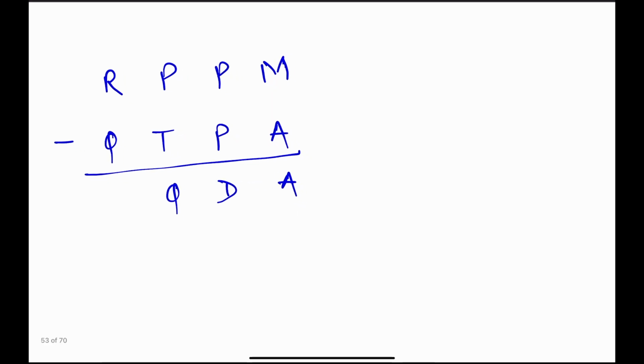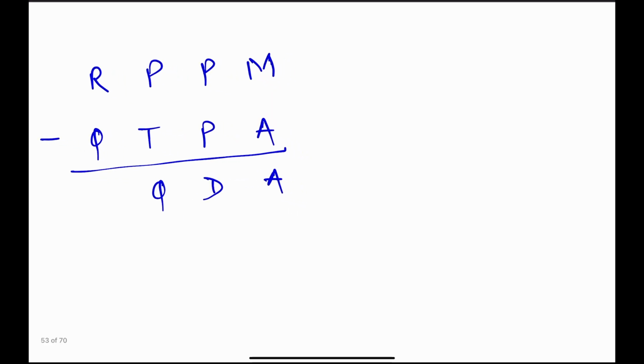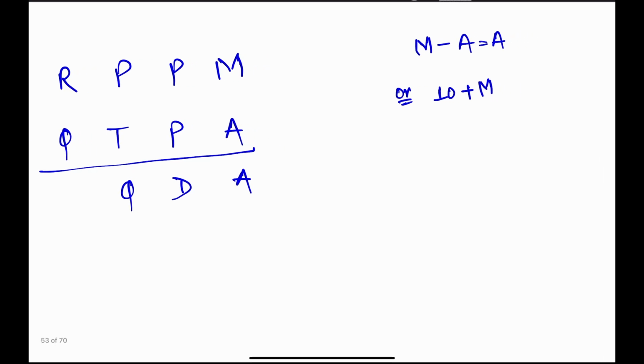If I look at this one, what could be the possible value of M? M either could be 2A or 10 plus M. See, here what I am trying to write is M minus A equal to A. So eventually it becomes M equal to 2A.